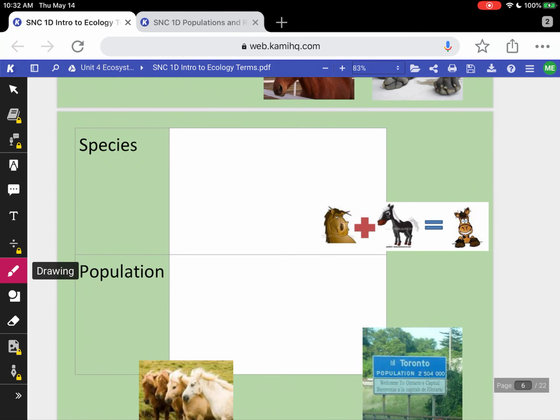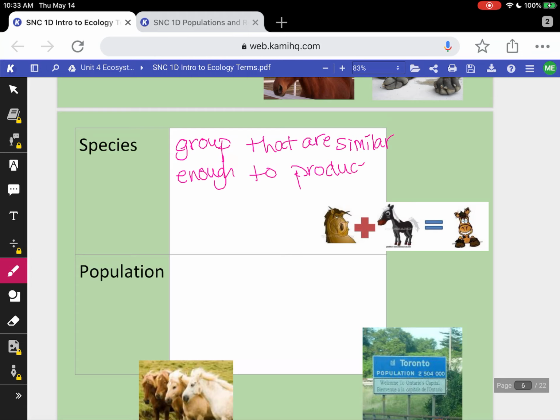Now, a species is a group of living things that are similar enough to produce offspring.